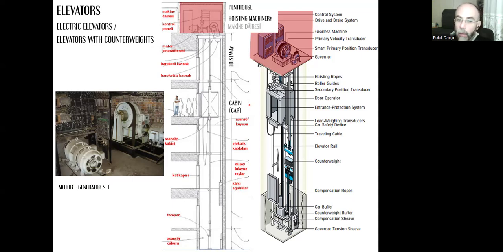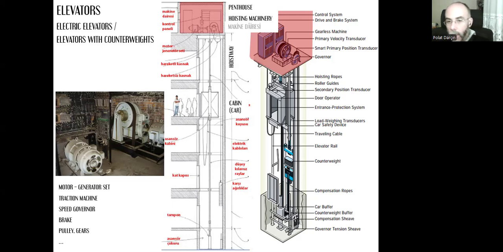Mainly, we have this motor generator set that controls the movement of the counterweights and the cabin. We have the traction machine, speed governor, brake, that's important to stop the cabin, pulleys, gears, and other mechanical stuff.